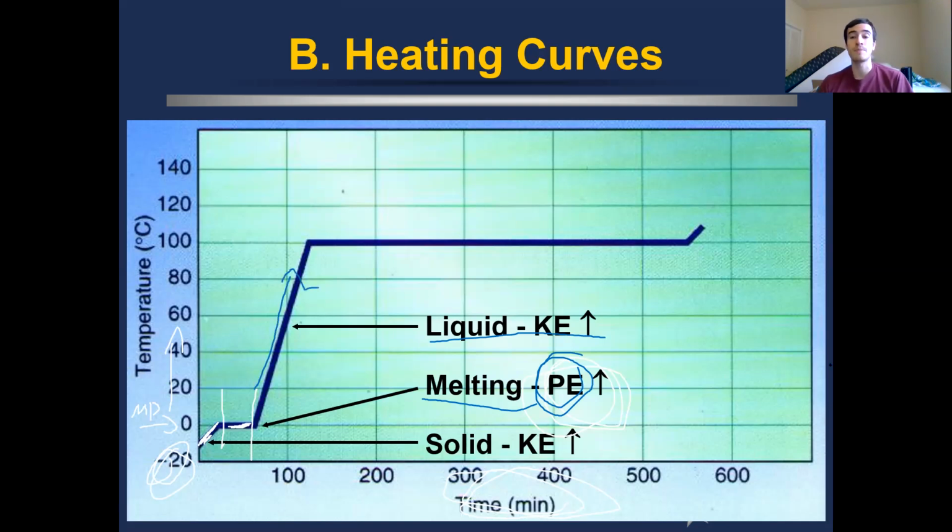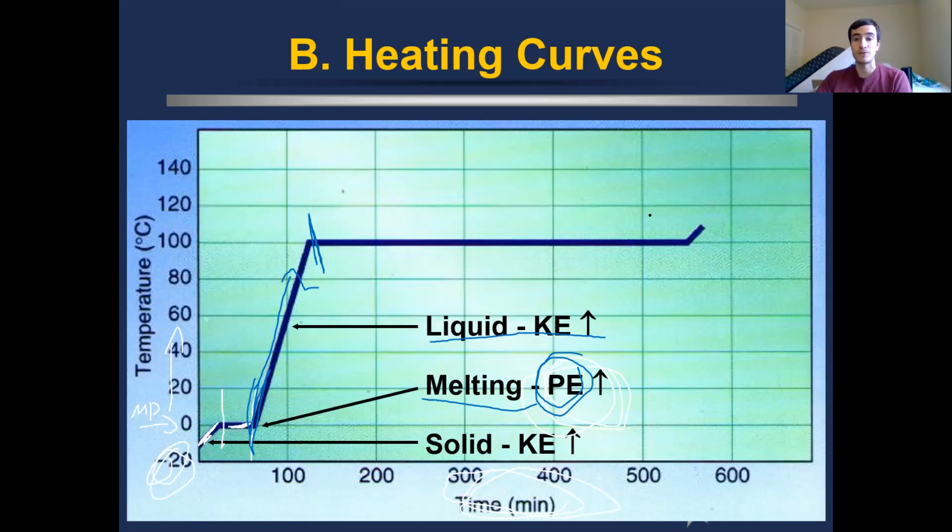Our liquid particles are moving around each other faster and faster and faster. And so that's what's happening between here and here. So we had our solid getting hotter, and then we had no change in temperature as we went from a solid to a liquid, and now we have our liquid getting hotter.